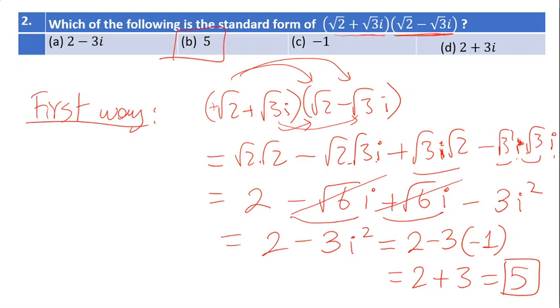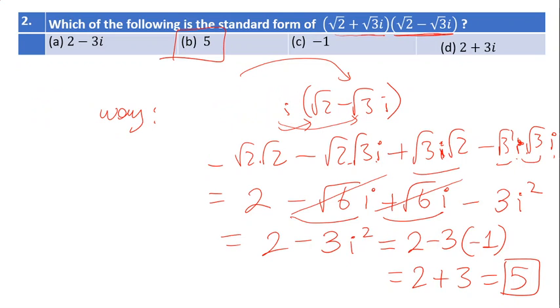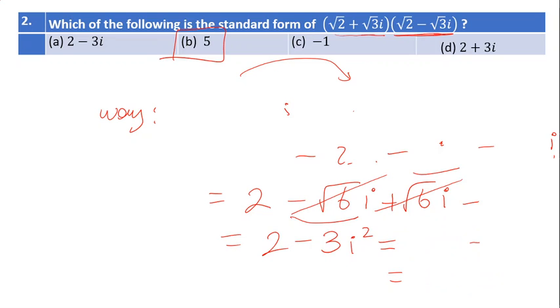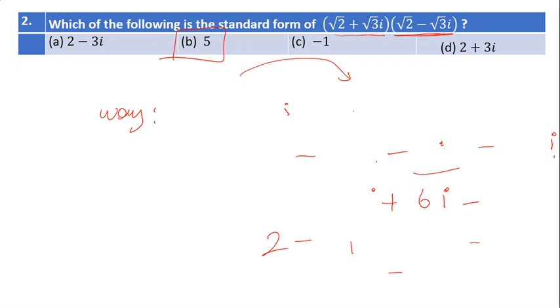Then there's a second way of doing this. The second way is kind of easier, but you have to know a special product rule: (a plus b) times (a minus b).